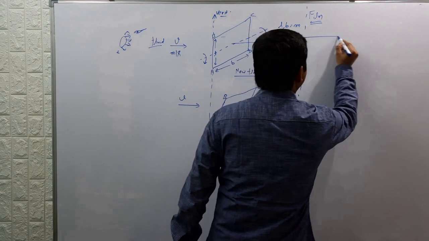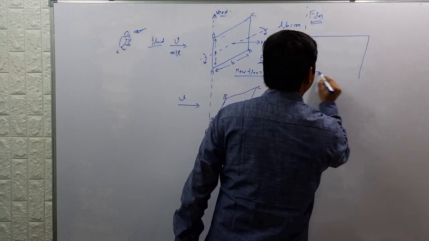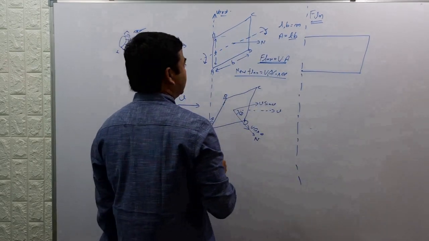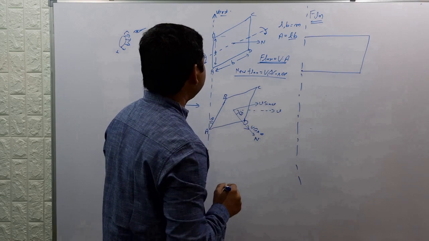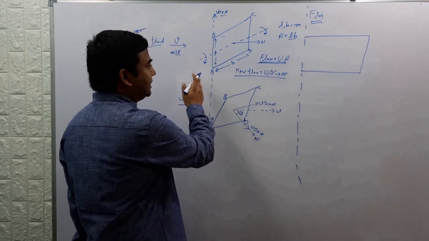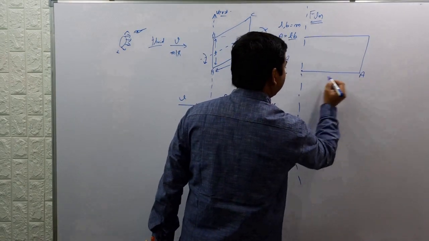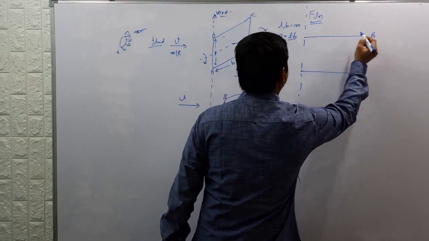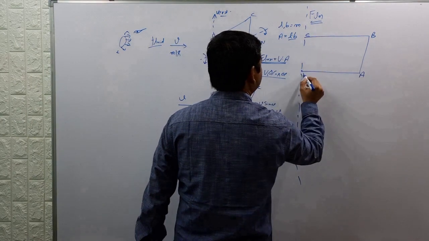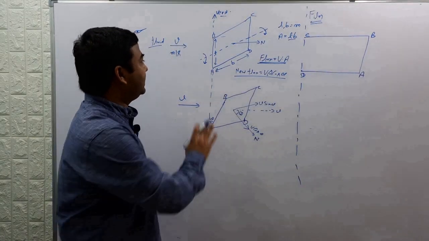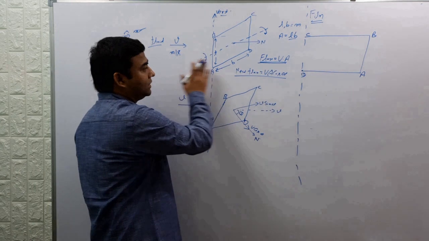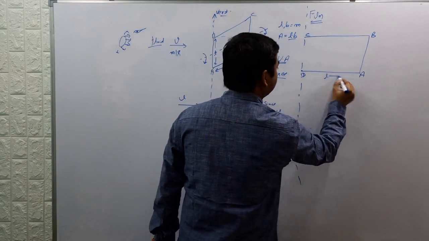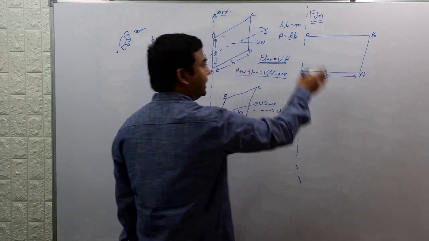So this is the shade of this area, A, B, C. You will see the image shade of this area like this, where both length and width will remain the same.